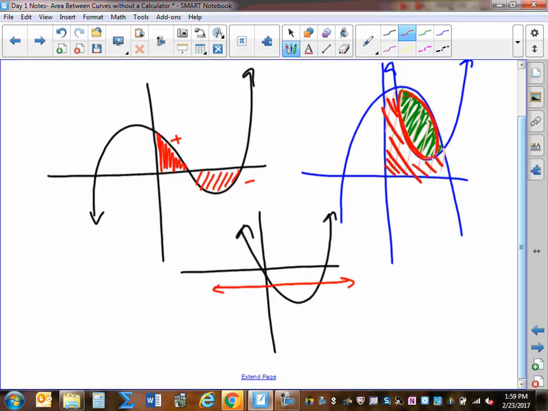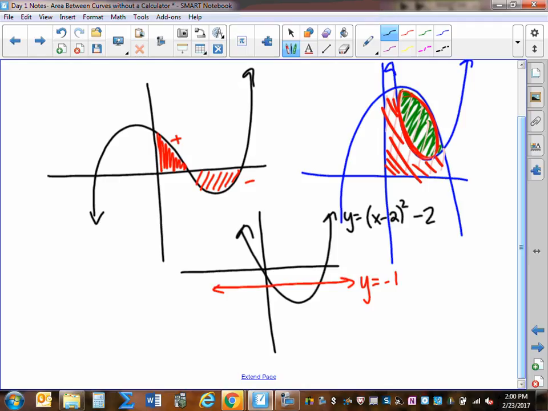Alright. If I were to find the area of this region here, let's just say this is y equal to -1. And, oh no, this is y equal to a parabola facing upward, shifted right, let's go with 2, and down, let's say 2.